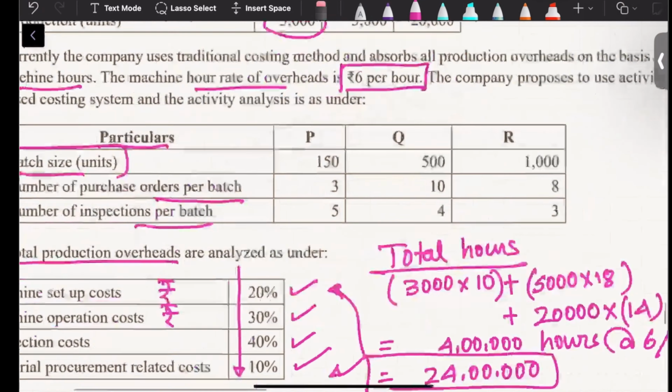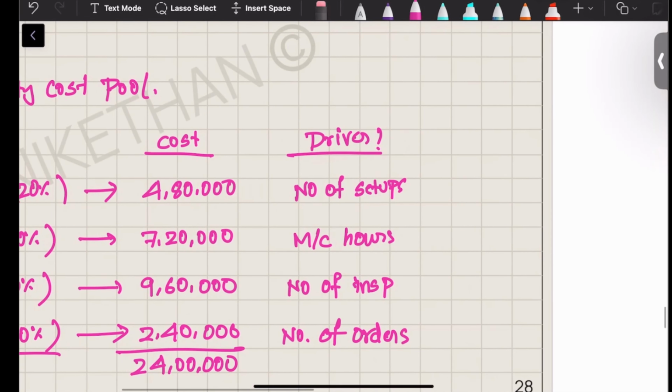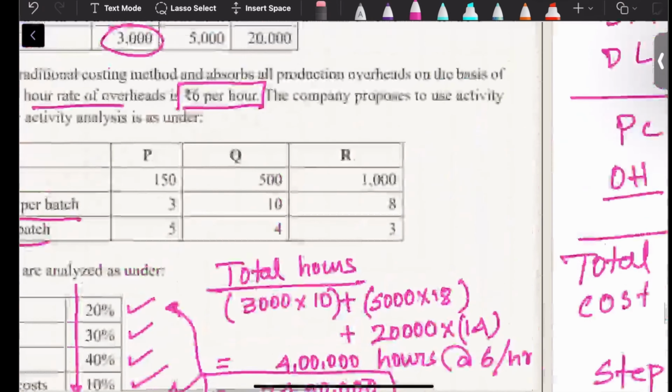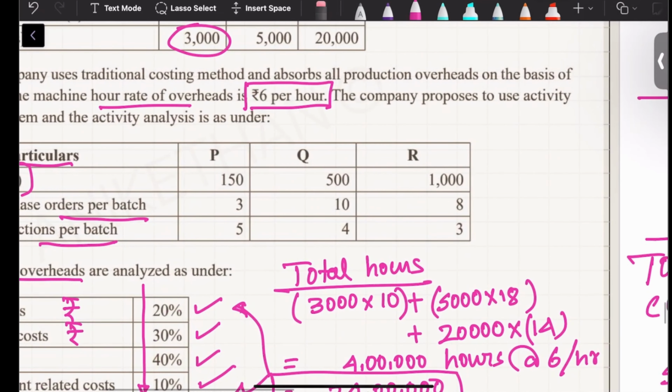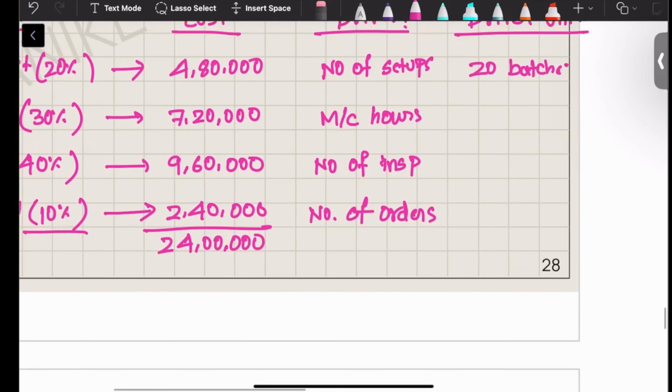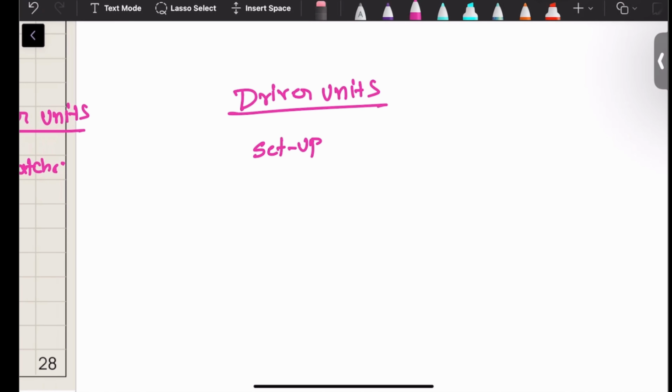Similarly, Q will have 100 batches. So driver units we will write now. So 20 batches of P. Similarly, how many batches of Q? Q will be 5000 divided by 500, 100 batches. So it is better to compute in a separate driver units table.